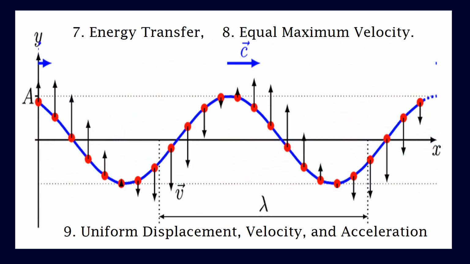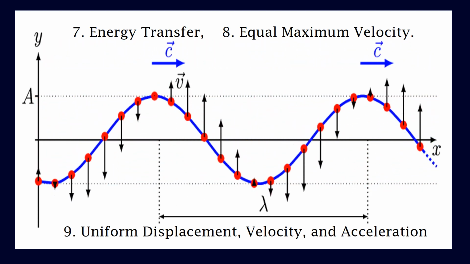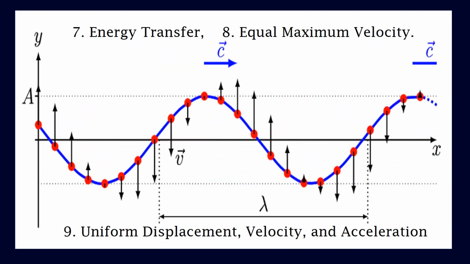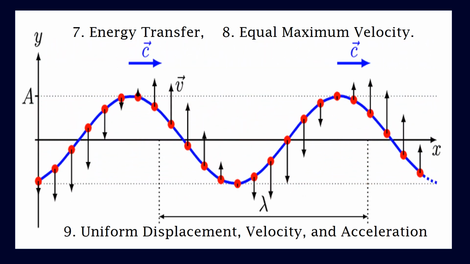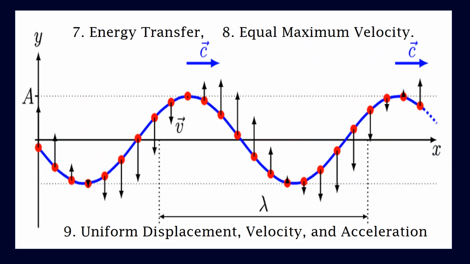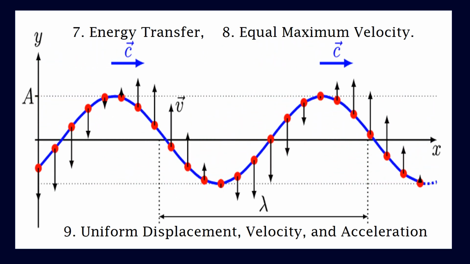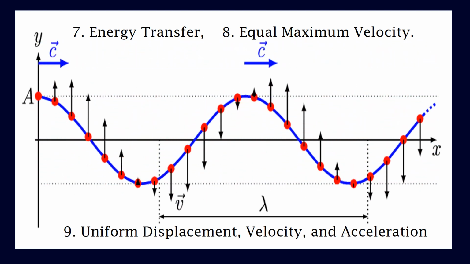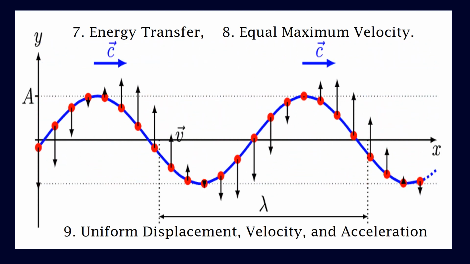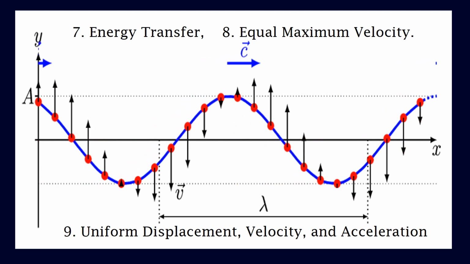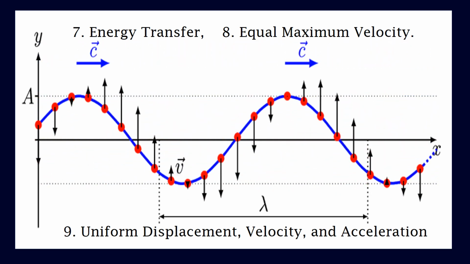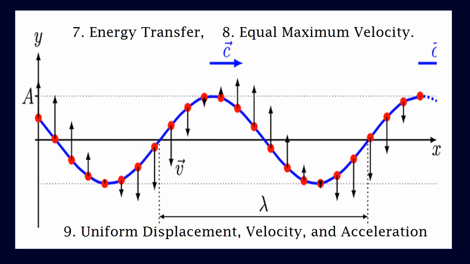Uniform displacement, velocity, and acceleration: particles separated by a distance mλ exhibit the same displacement, velocity, and acceleration, where m is an integer. In simple terms, progressive waves involve particles moving uniformly, sharing the same vibrational characteristics, and transferring energy in a specific direction through the medium. The behavior of each particle is synchronized, creating a dynamic and consistent wave pattern.